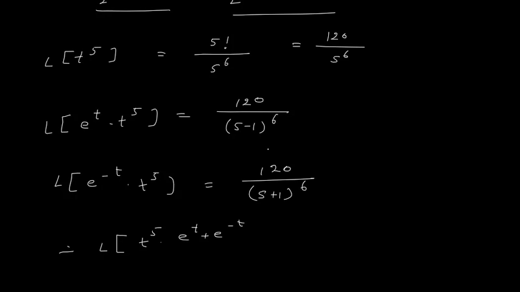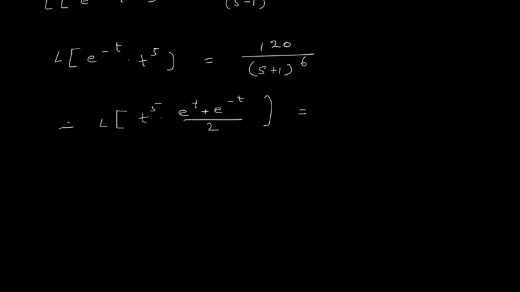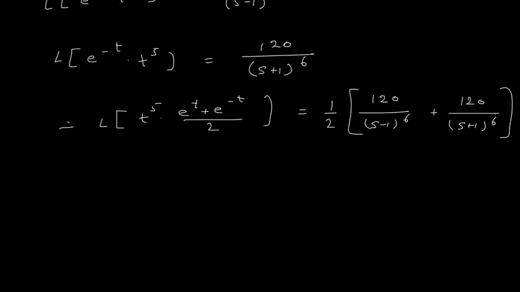So therefore I will say that Laplace transform of t power 5 into e power t plus e power minus t whole divided by 2 is equals to 1 upon 2 I will take out, and here inside bracket I have 120 upon s minus 1 power 6 plus 120 upon s plus 1 power 6. So this is 120 upon 2 is 60, so 60 into 1 upon s minus 1 power 6 plus 1 upon s plus 1 power 6.